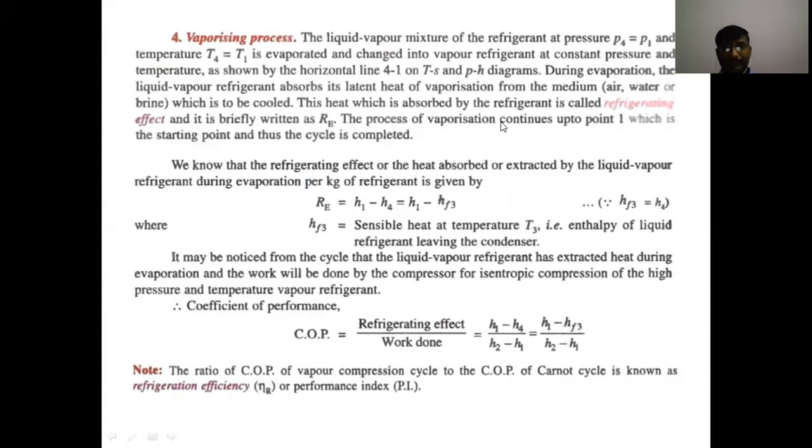The process of vaporization continues up to point 1, which is the starting point, and thus the cycle is completed. We know that the refrigeration effect, or heat extracted by the liquid vapor refrigerant during evaporation per kg of refrigerant, is given by RE. During evaporation, RE equals the change in enthalpy across the evaporator, that is H1 minus H4.